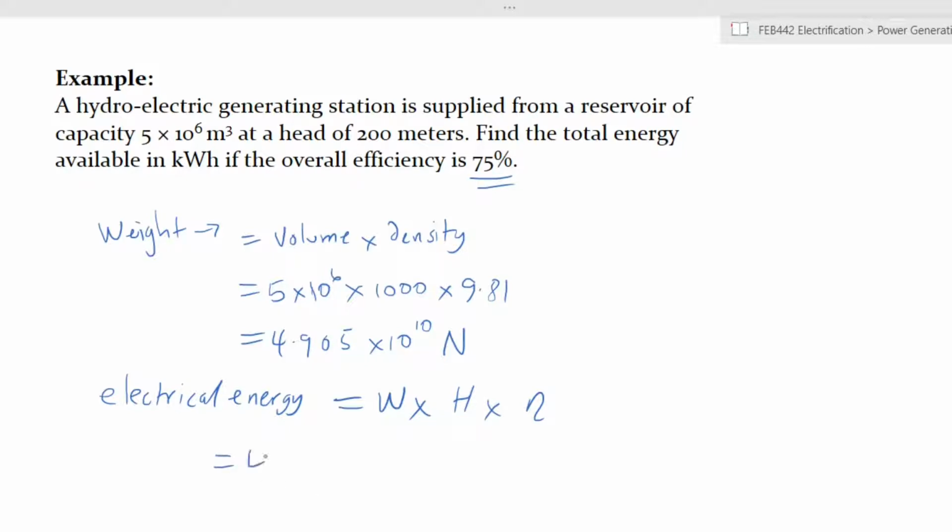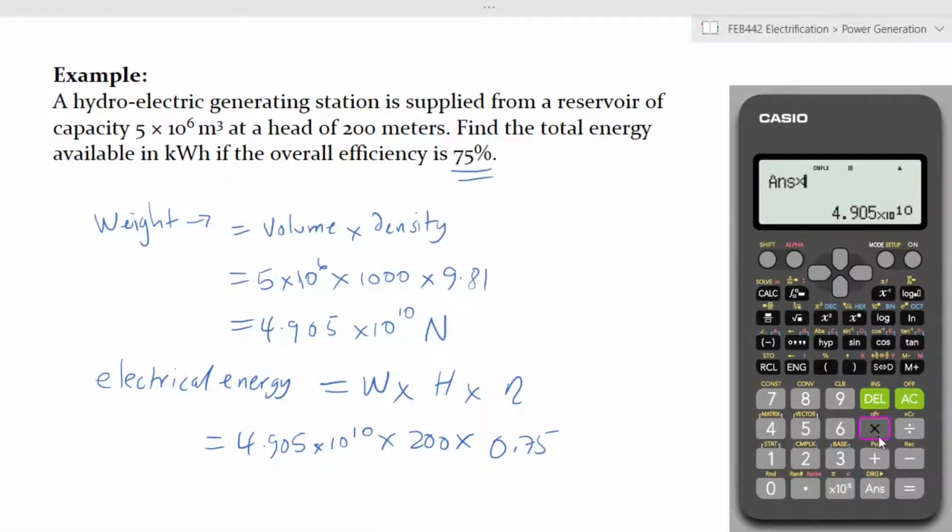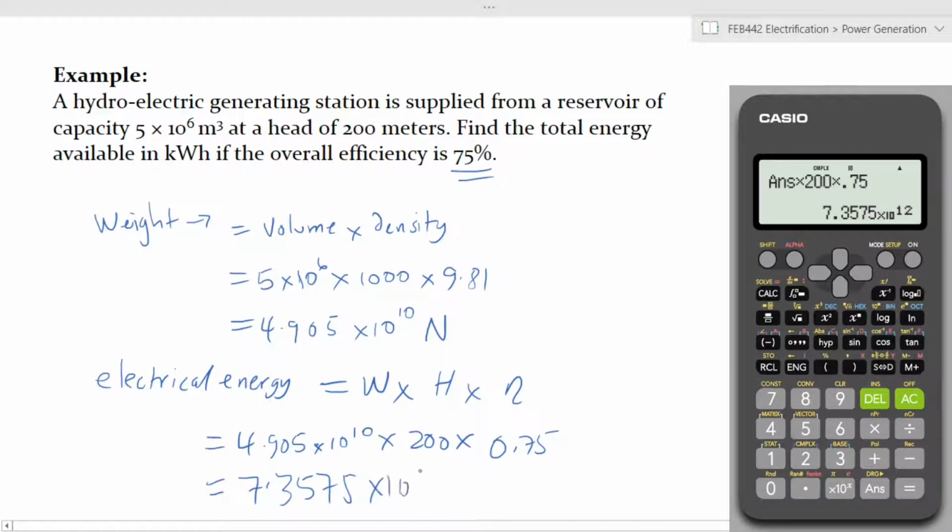So we simply multiply all those together: 4.905 times 10 to the power 10 times 200 times 0.75, and you get 7.3575 times 10 to the power 12.